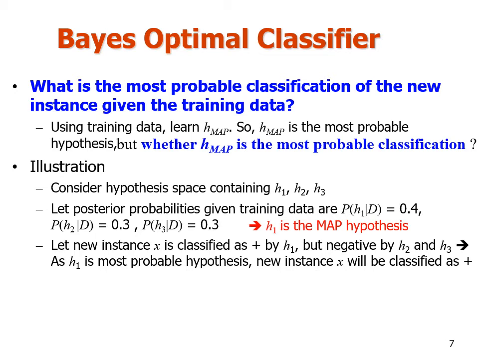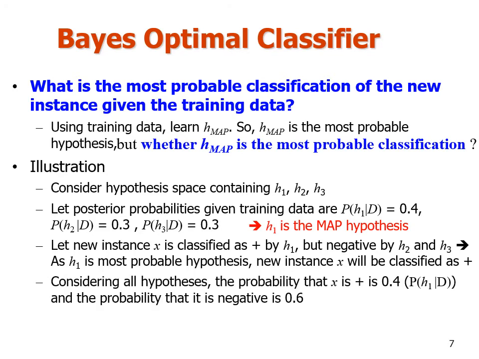But if we consider all hypotheses, the probability that X is positive is 0.4, the probability of H1 given D, and the probability that it is negative is 0.6. How?